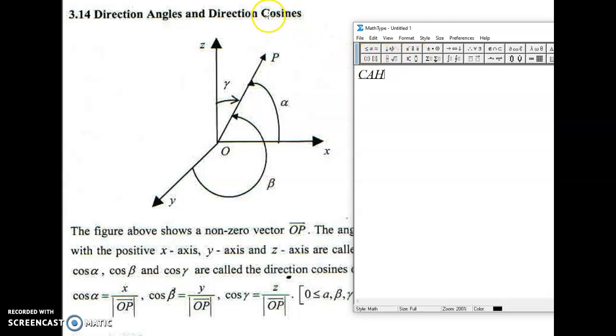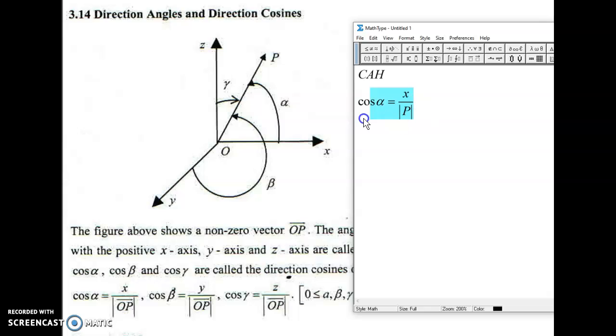So if the question asks you to find the direction cosine, basically they want you to find cos alpha, which equals the adjacent, which for this one is x, over the hypotenuse, which is the length of P.